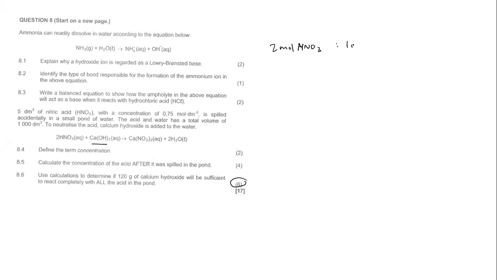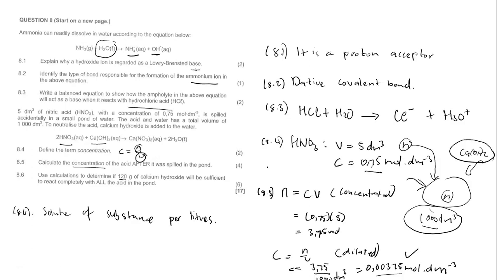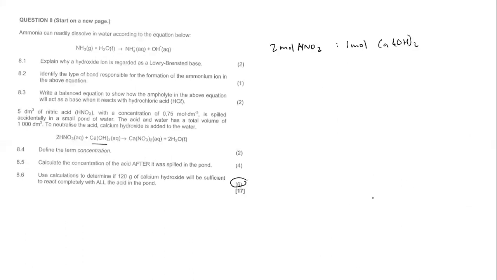So we have 1 mole of calcium hydroxide. Now, let's go back to our calculations. How many moles of nitric acid do we have in the pond? We calculated 3.75 moles of HNO3.